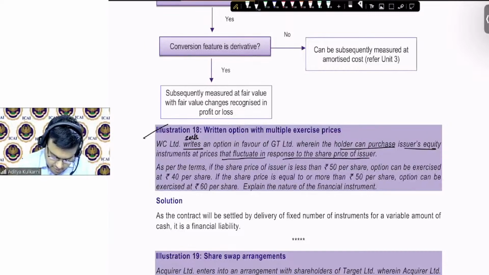As per the terms, if the share price of the issuer is less than 50 per share, the option can be exercised at rupees 40, and if it is more than 50 or equal to 50 per share, option can be exercised at 60 rupees per share. Explain the nature of the financial instrument.